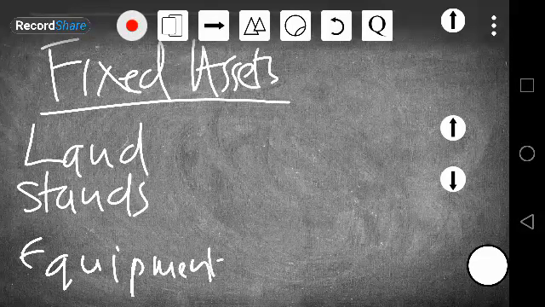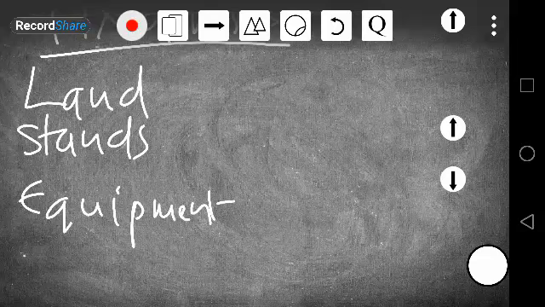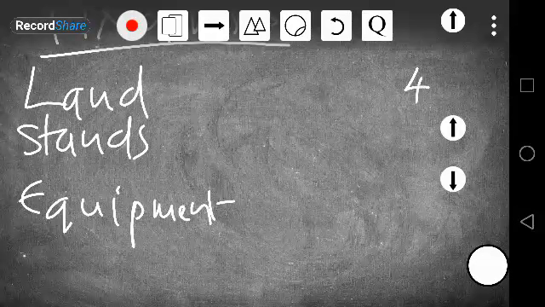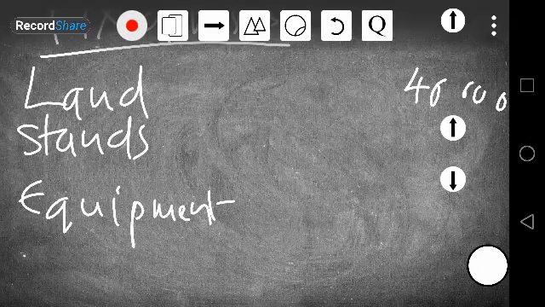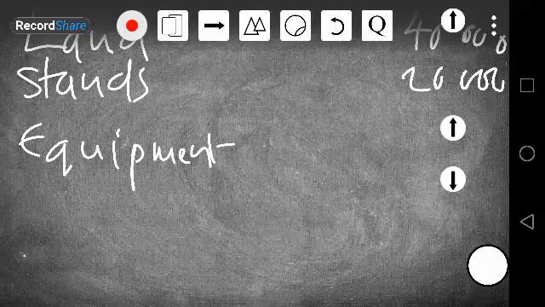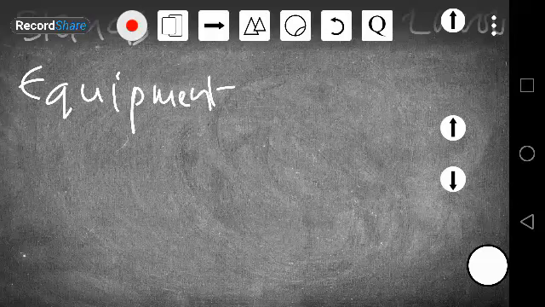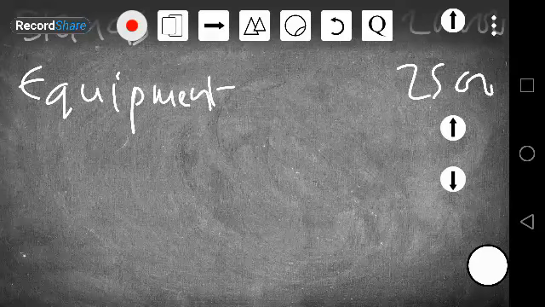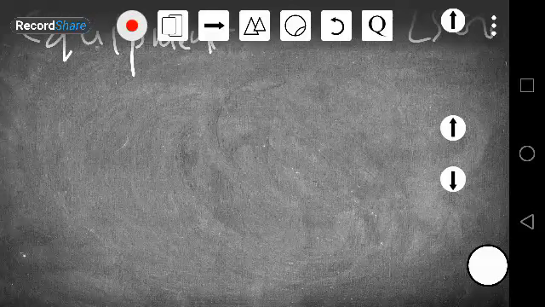That's 40,000. Then stands, that's 20,000. Then equipment that's 2,500. If you add all this, we get 62,500.